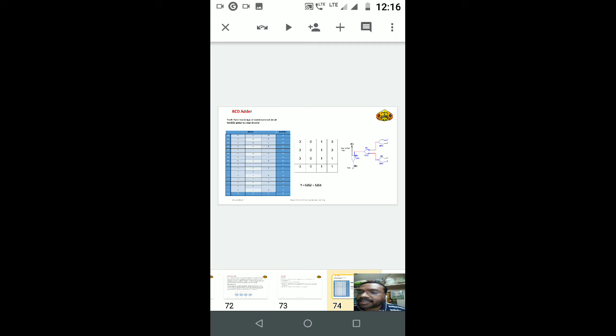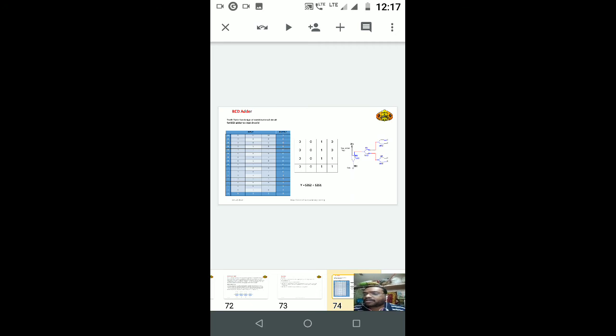So vertically S3 is present, horizontally S1 is present, and the output is S3 S1. From this K-map you get the final Boolean output equation, which is Y is equal to S3 S2 plus S3 S1.